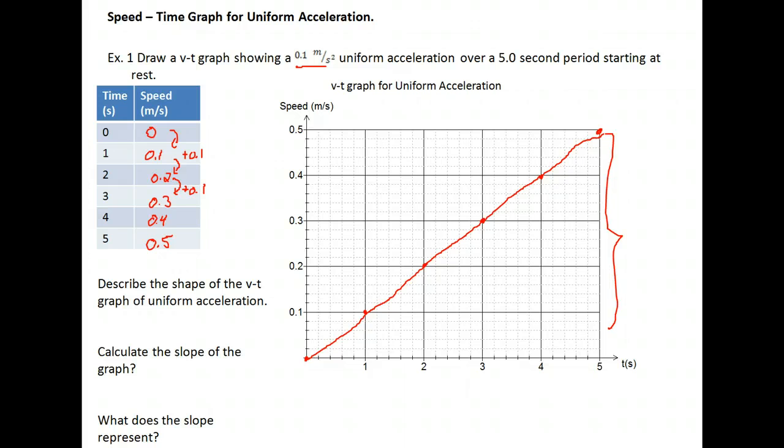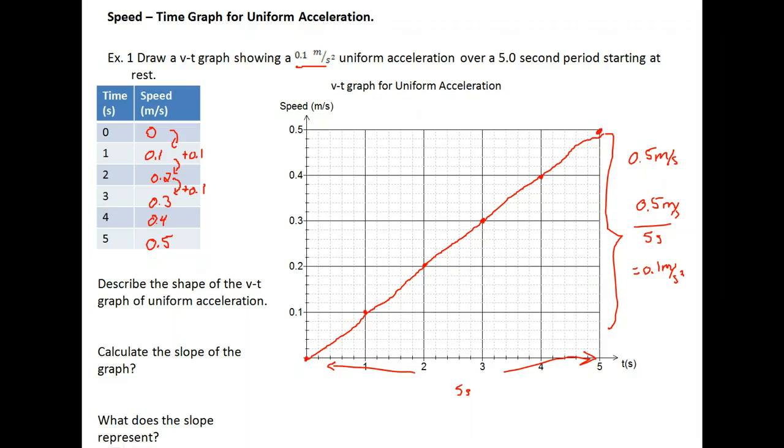The rise here went from 0 meters per second at rest, ending at 0.5 meters per second. And this happened over a 5-second period. So that's our run, from here to there. So slope is 0.5 meters per second divided by 5 seconds, and it works out to 0.1 meters per second squared.